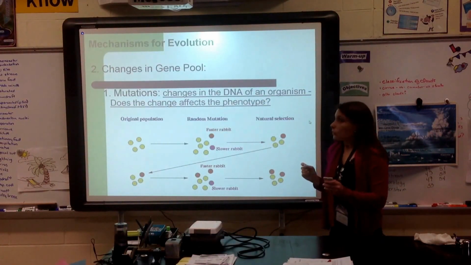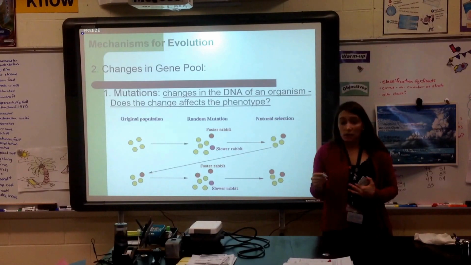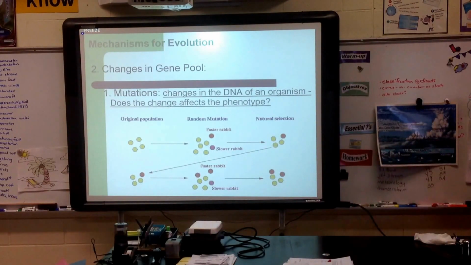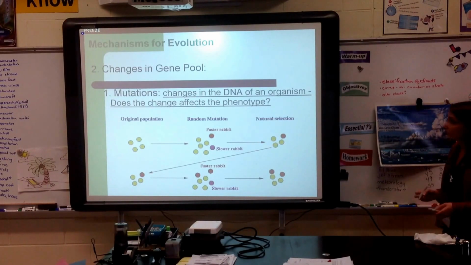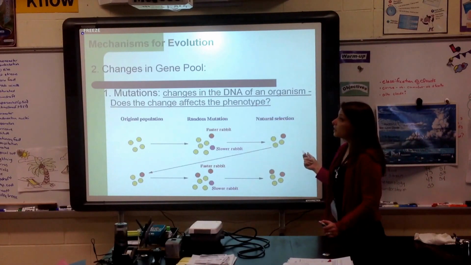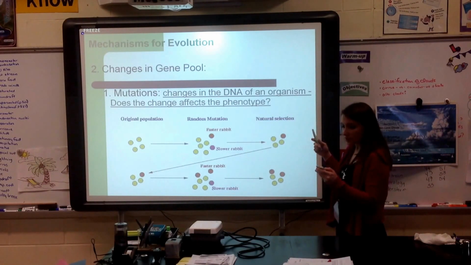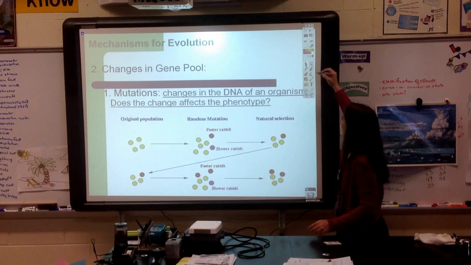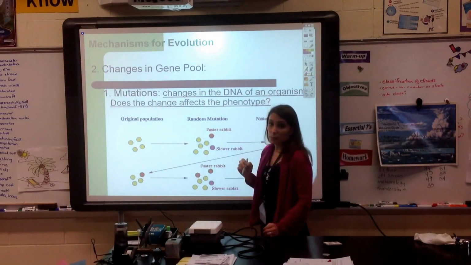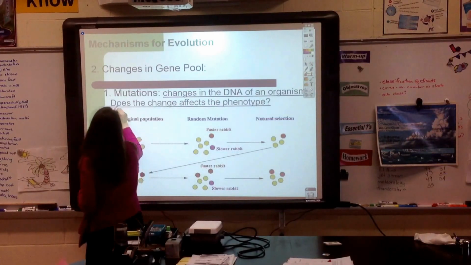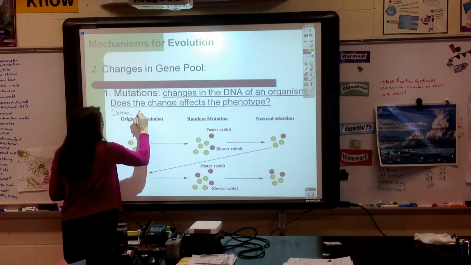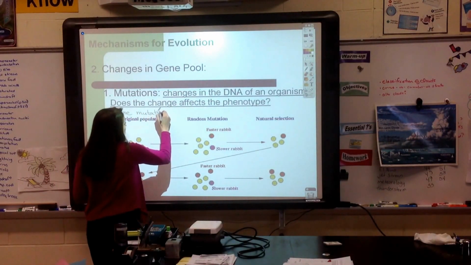The next thing that we want to see is that evolution happens when there are changes in the gene pool, and that happens by mutations. Mutations are changes in the DNA of an organism, and so we're only going to see mutations that affect the phenotype. Some mutations are what we call silent.